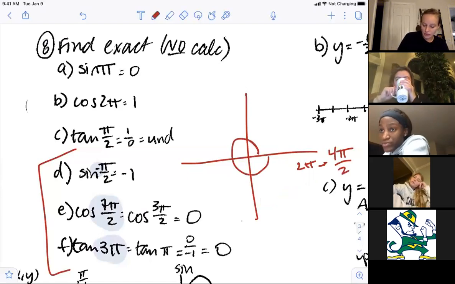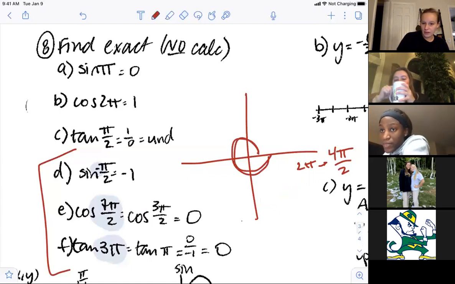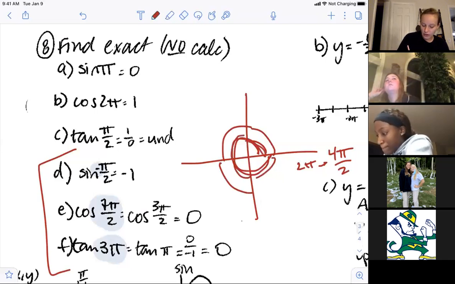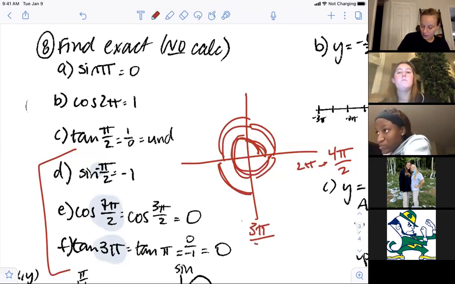Here's 1/2, 2, 3, 4. Now I have to do all of 7. So this would be 5, 6, 7. If I'm just going in increments of 1/2, there's 1/2, 2, 3, 4, 5, 6, 7, which means I'm back here at 3 pi over 2.